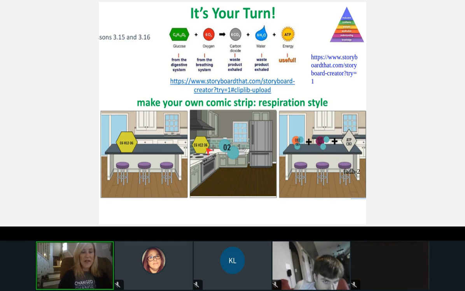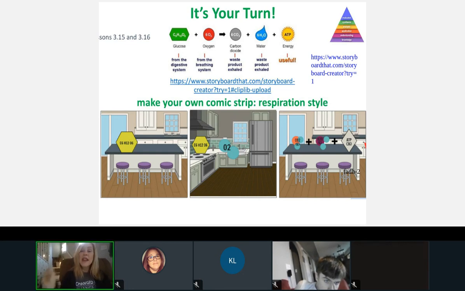Maybe put it in the oven, and then what do I get as a product that I pull back out and serve at my table? It's carbon dioxide, my water, and my ATP. Just like I mix my brownies on the island in my kitchen, then I'll stick them in the oven and let them cook. And then we're going to pull them back out, and cut them into pieces and serve them.